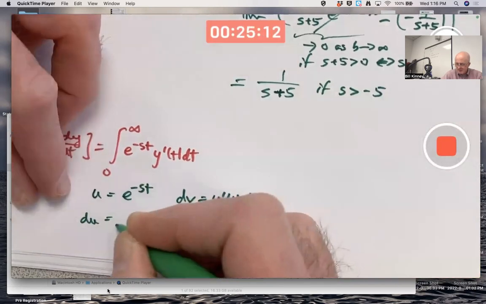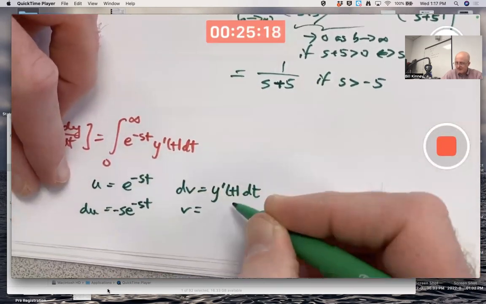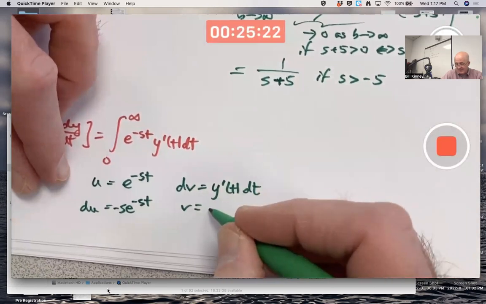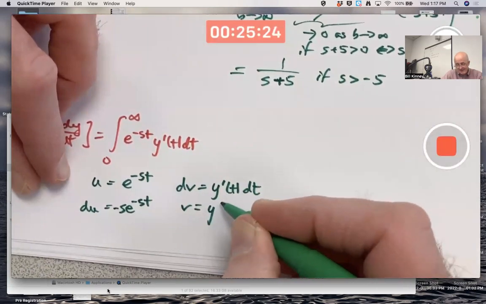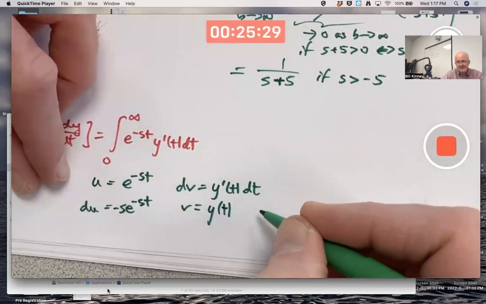So then you got to find du, differentiate with respect to t. And then you got to integrate to find v. Since dv is y prime of t dt, I guess that means v is y of t, plus c, you can take c to be 0.